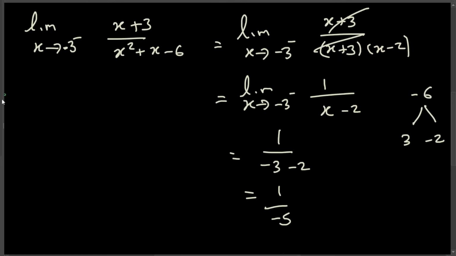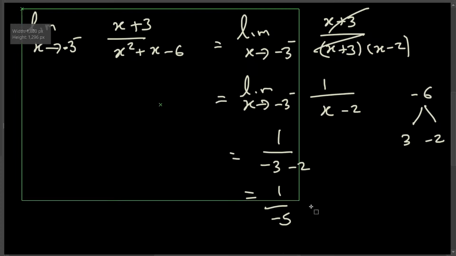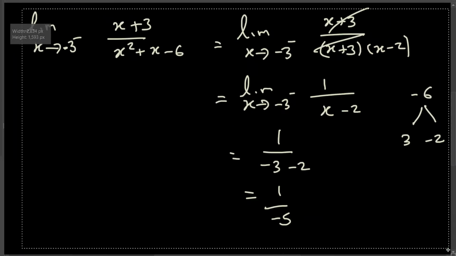Now let's look at another problem. Let's say we have a question given like this. The limit as x approaches 5 of x squared over (x squared plus 25). Let's try the direct substitution.